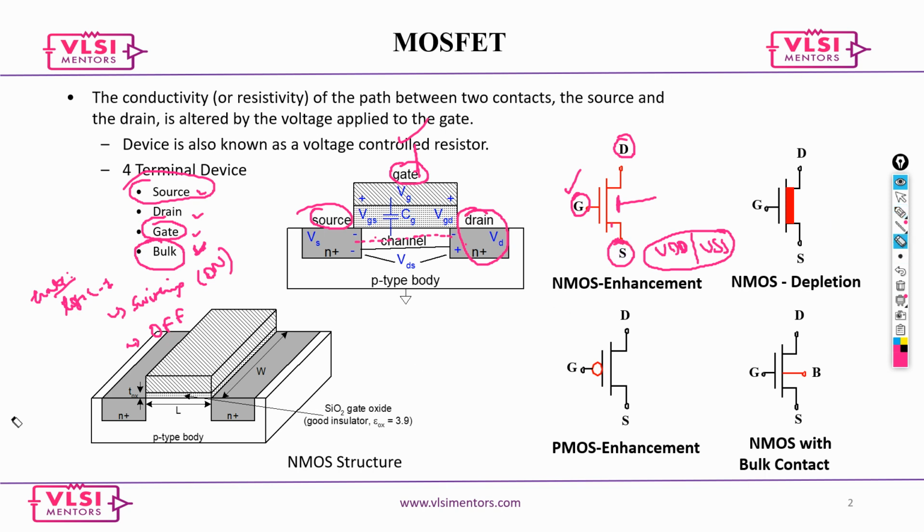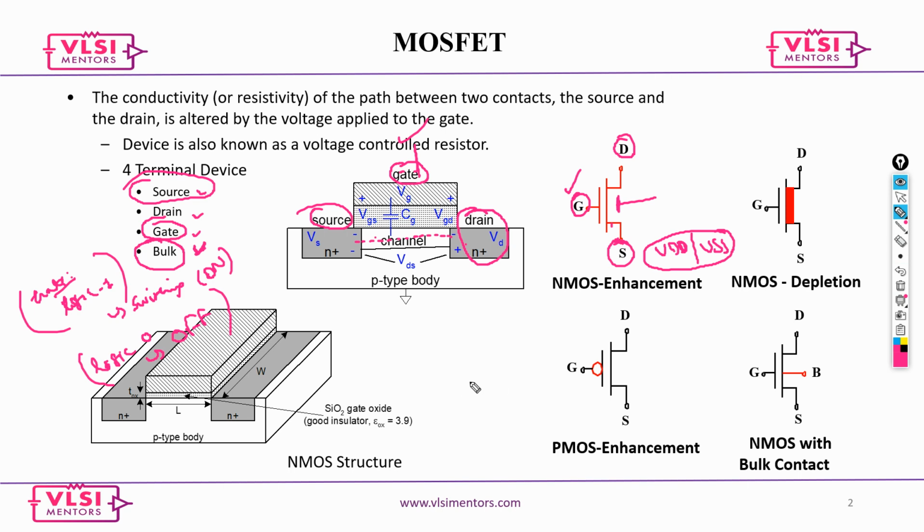When you have a logic 0, we call it off. It is the off state. These two are the states that are possible. Your gate decides whether the transistor is switched on or off. I'll explain in a while what the conditions are.